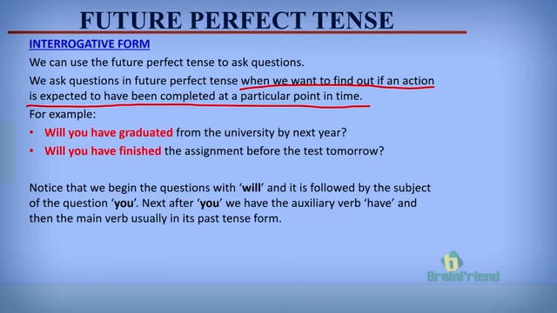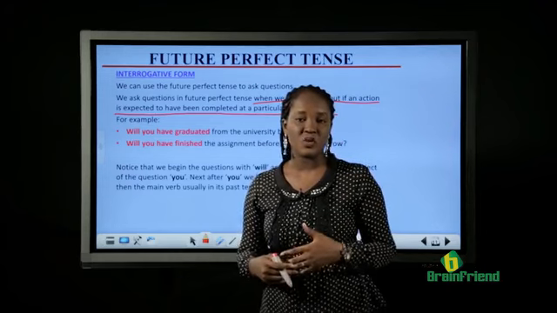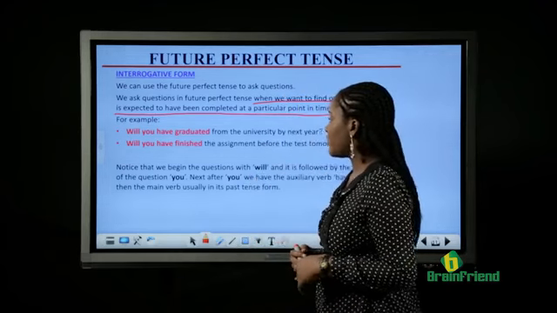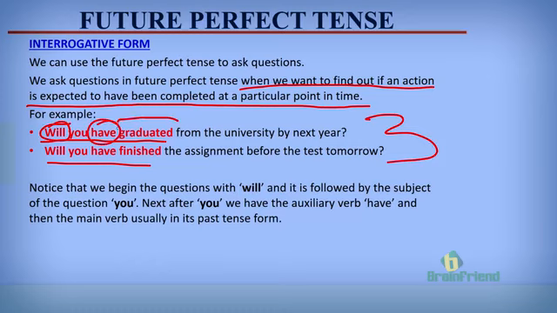If an action is expected to have finished happening at a point in the future, we ask such questions in the future perfect tense. For example, will you have graduated from the university by next year? Will you have finished the assignment before the test tomorrow? These questions are in the future perfect tense. Why? Because we have the auxiliary verb will, the auxiliary verb have, and the past participle form of the verb graduate, which is graduated.